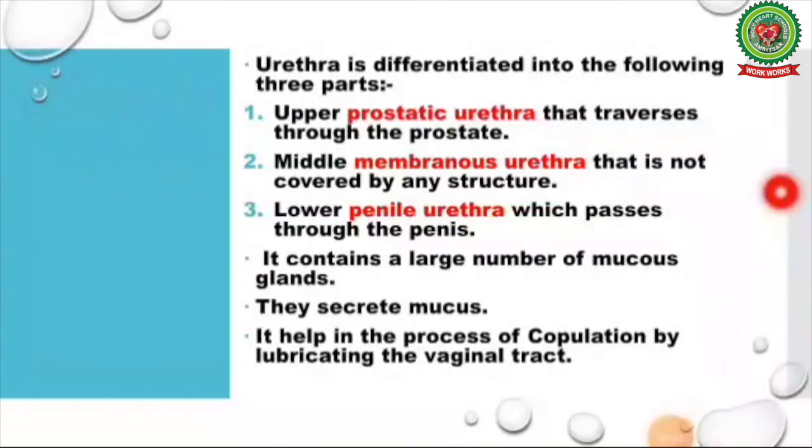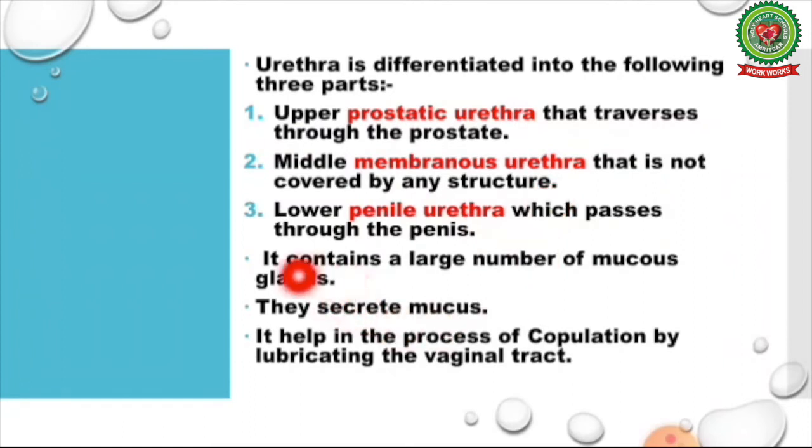Urethra is differentiated into following three parts. First one, the upper part of urethra, that is known as prostatic urethra, that traverses through the prostate. Second one, the middle part of urethra, called membranous urethra, that is not covered by any structure.